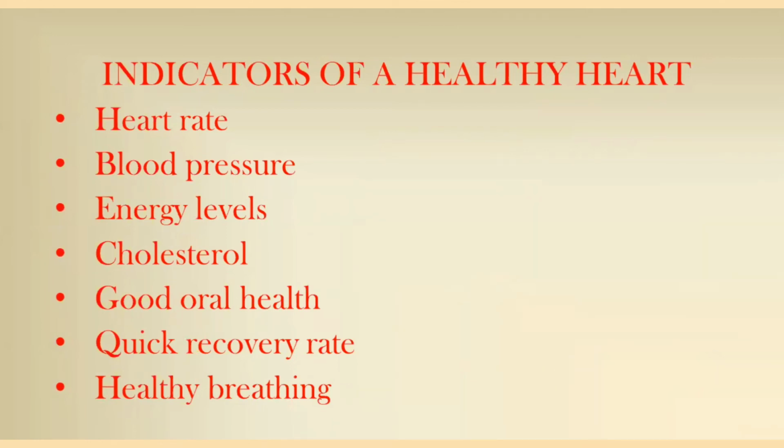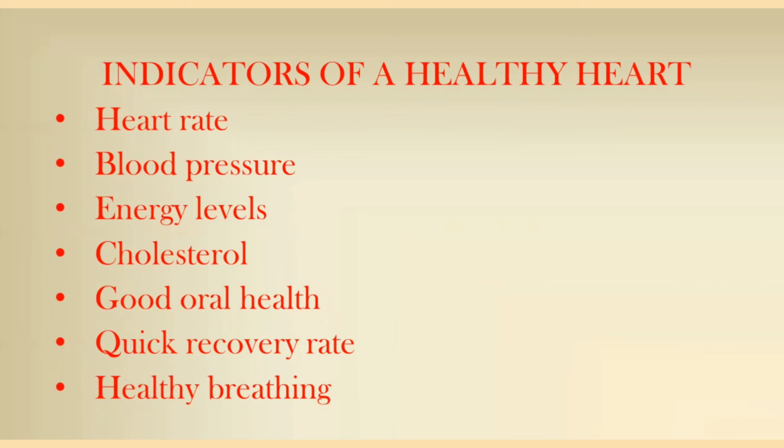Coming to blood pressure, for a healthy heart, blood pressure is usually below 120 millimeters of mercury in systolic pressure and 80 millimeters of mercury in diastolic pressure. So if your systolic pressure is at 130 or higher, or your diastolic pressure gets to 90 or above, then it is considered to be elevated.